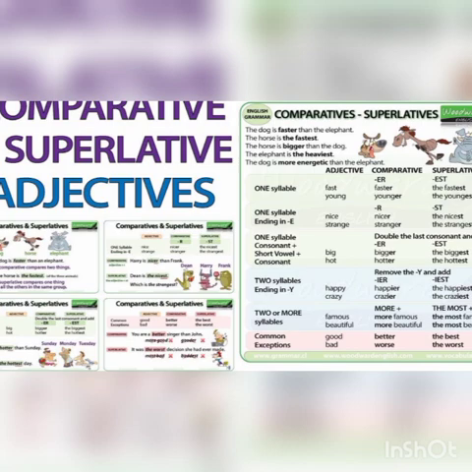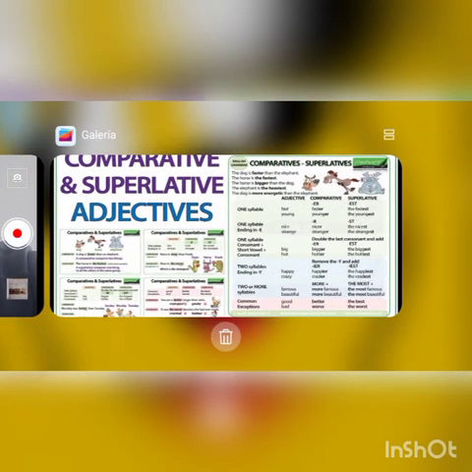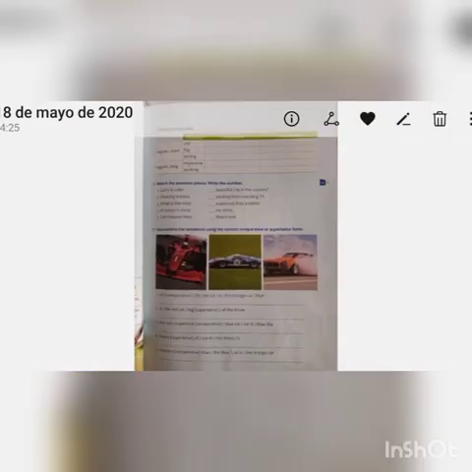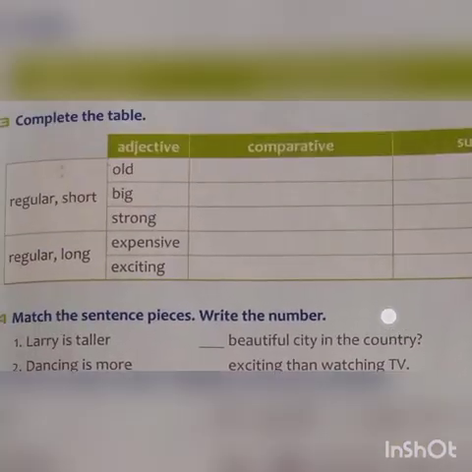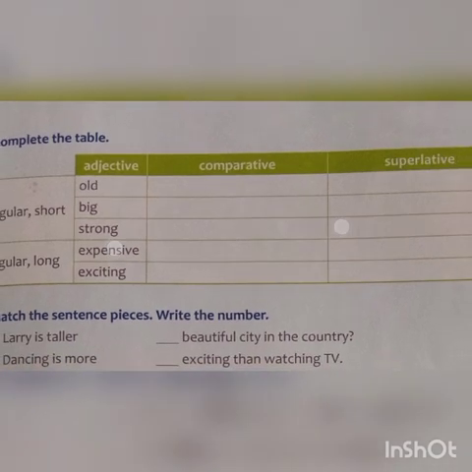Okay, with this explanation we are going to continue on page 25. What do we have on page 25? On page 25 we have the book itself. Page 25, complete the table. What is the formation of comparative with old?